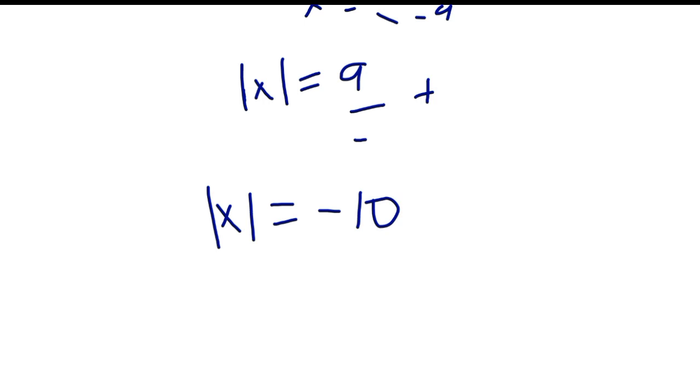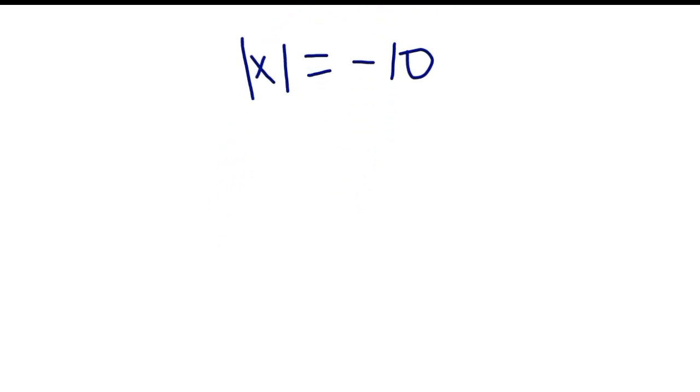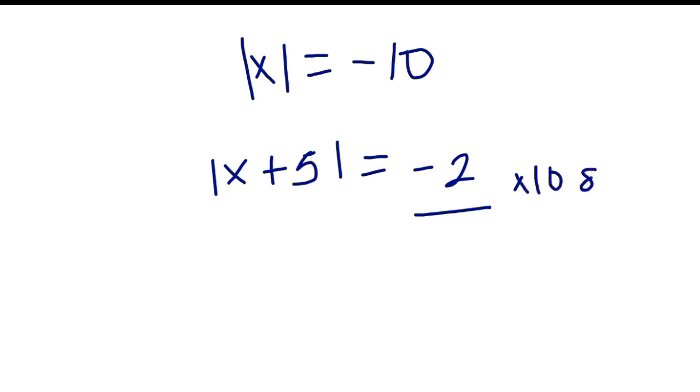Now, let's take another example, when you have the absolute value of x plus 5 is equal to minus 2. Here you also have a negative value, so this is also no solution.